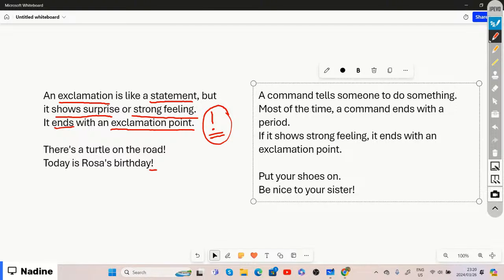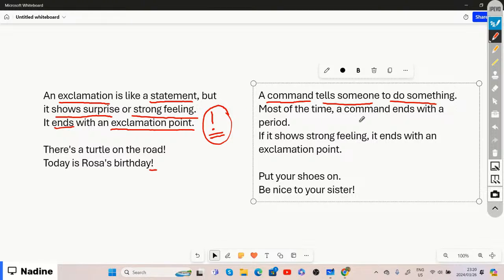And then lastly, our fourth type of sentence is a command, right? And a command tells someone to do something, right? So no, it's not forcing you to do something, because a command can either sound like a bad word or it can sound like just telling you to do something.